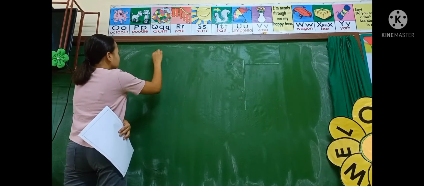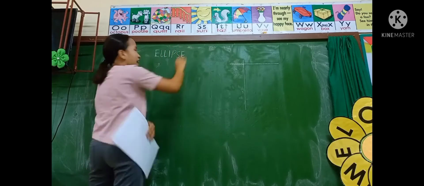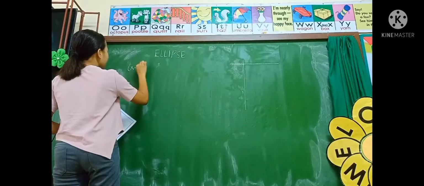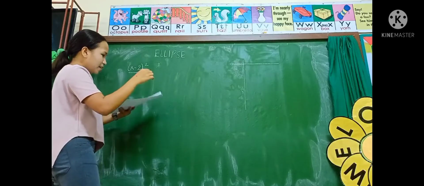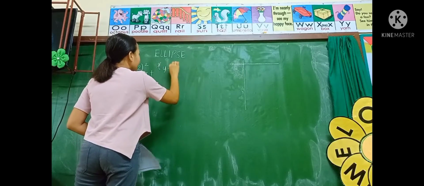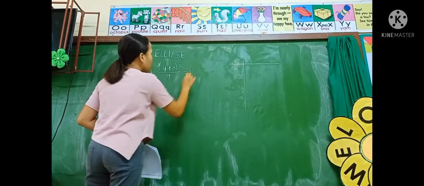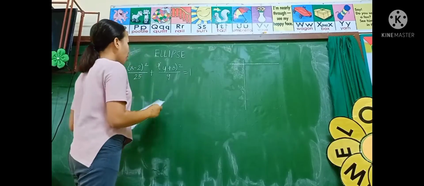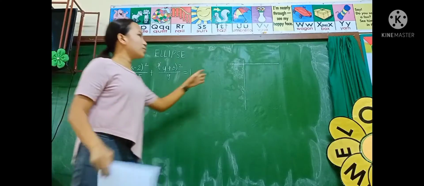So, our given now is x minus 2 squared over 25 plus the quantity of y plus 3 squared over 9 is equal to 1. So, our problem is to identify the coordinates of the center, vertices, and foci. And also graph the ellipse.